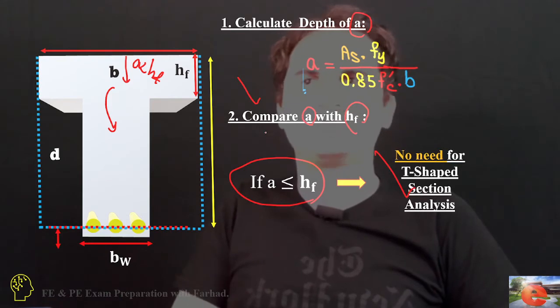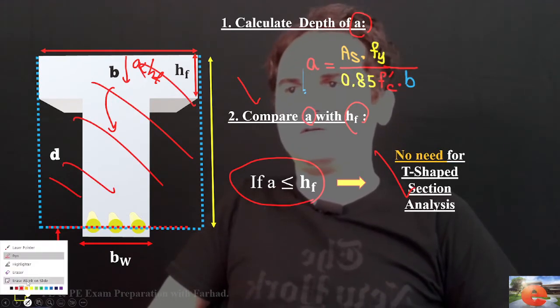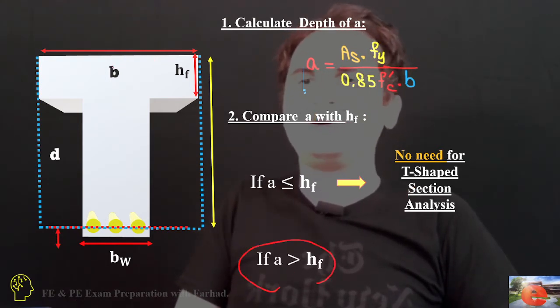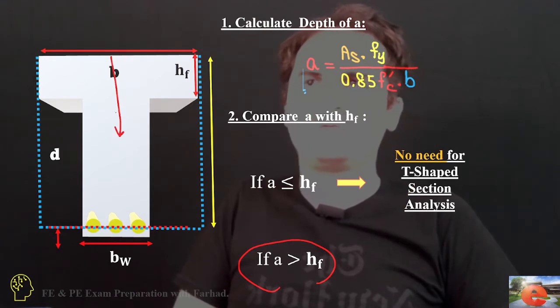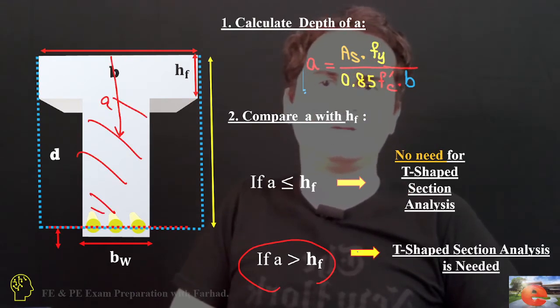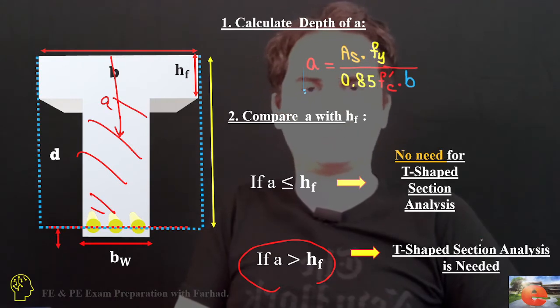You can just go for a rectangular cross section. But if a is higher than the height of the flange, it means we have already entered the domain of the web, and we need to do the analysis for a T-shaped section.